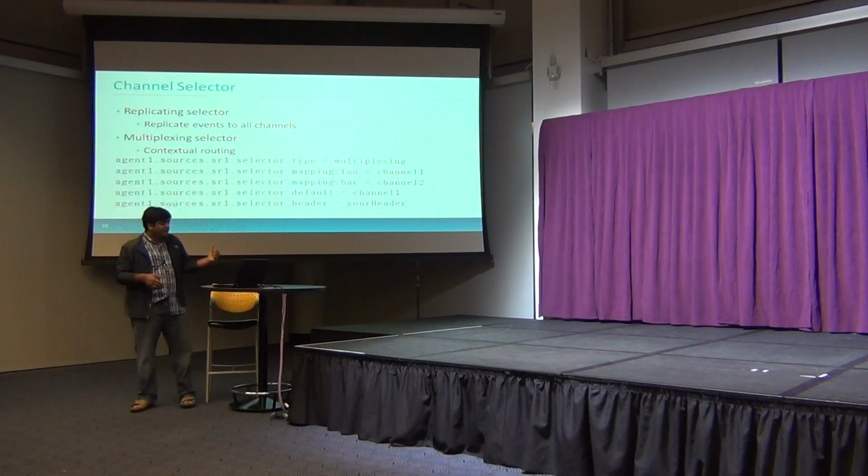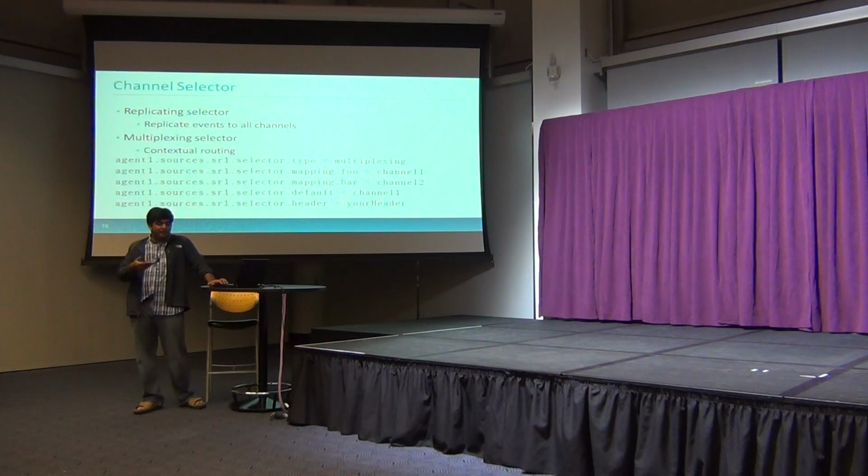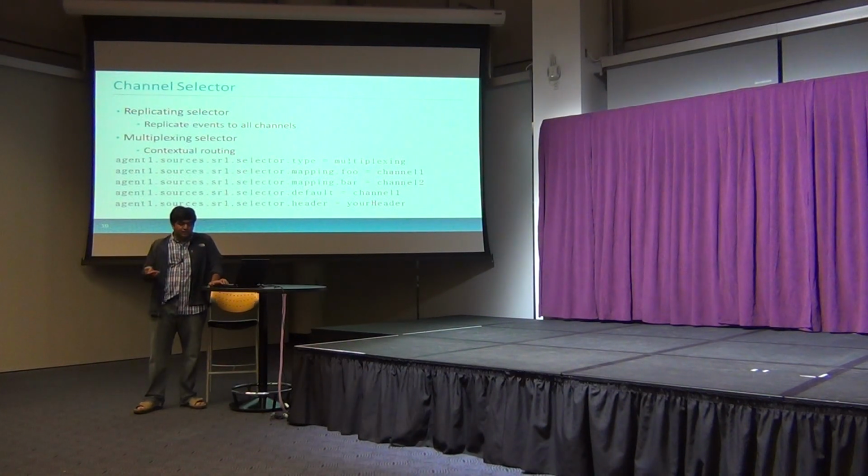So as you can see, it says selector.type is equal to multiplexing, and selector.mapping.foo is equal to channel 1, selector.mapping.bar is equal to channel 2, default is equal to channel 1, and header is your header. So it inspects an event, says, okay, let me read your header.